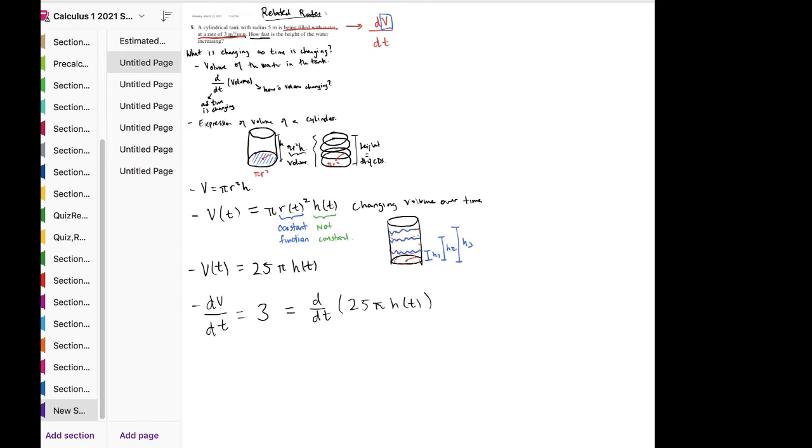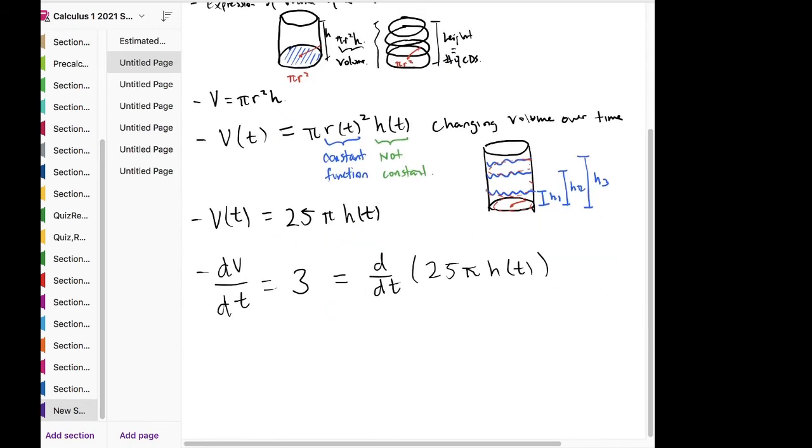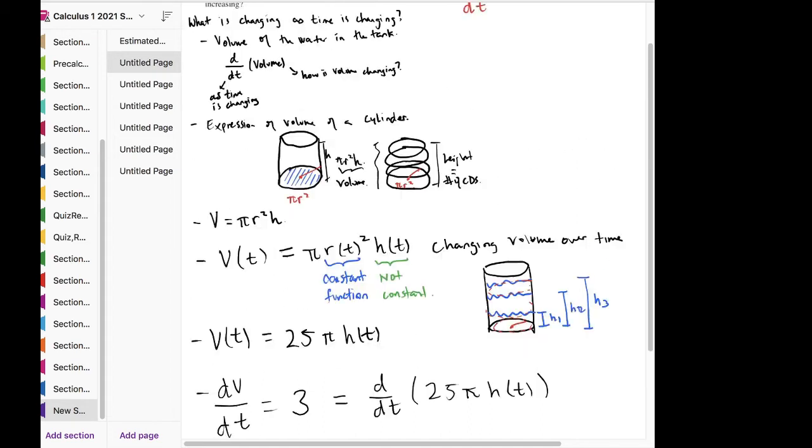Okay, what is that? All right, what's the derivative of this expression here? Remember, h is a function of t.